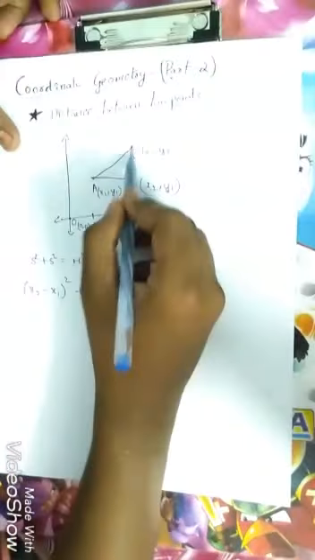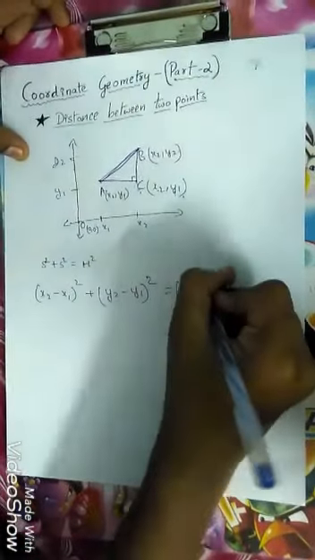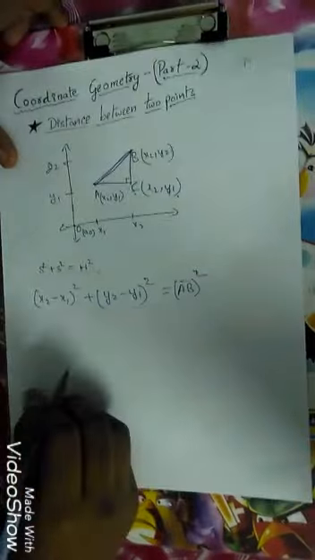The BC's length is the difference between the y coordinates, which is y2 minus y1. (y2 minus y1) whole square is equal to the length of this AB line segment whole square. And this I applied the Pythagoras theorem.